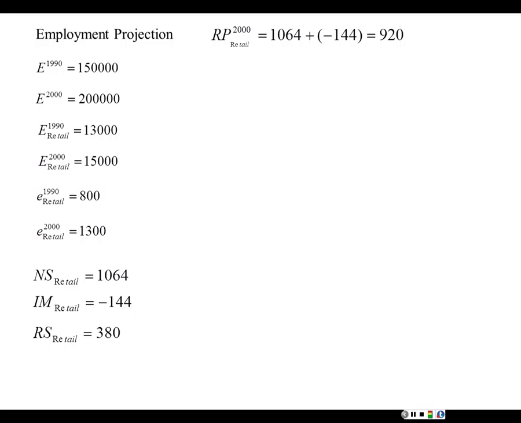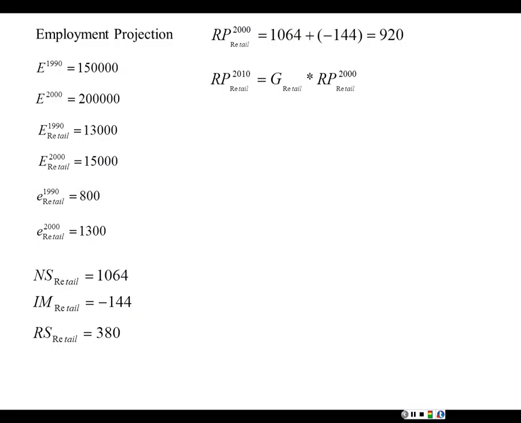That is exactly the addition of national share and the industry mix. That's 1064 plus negative 144. So the regional proportion of 2000 is 920. The regional proportion is related to national level activities. It has nothing to do with local activities, local characteristics, and other local elements.